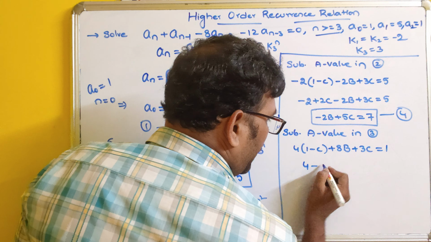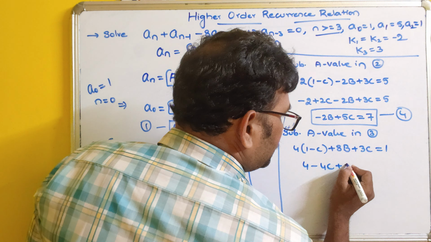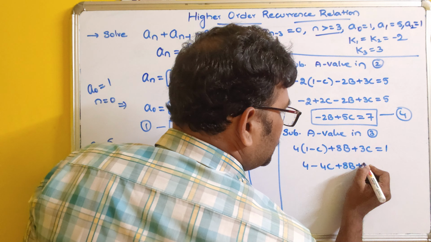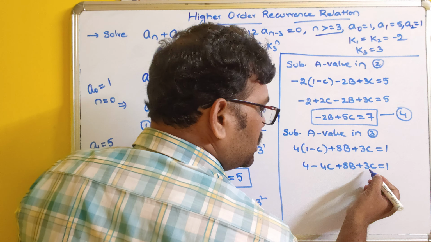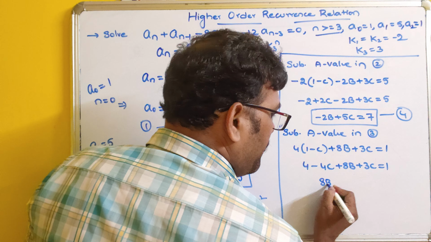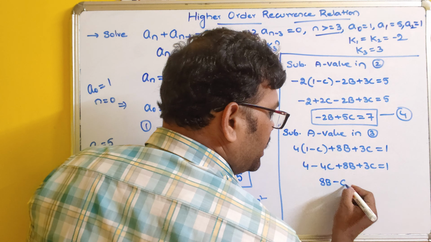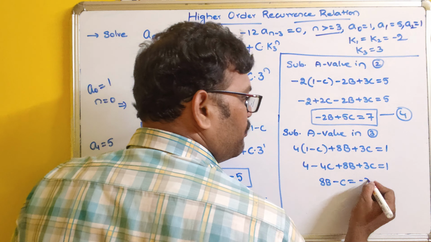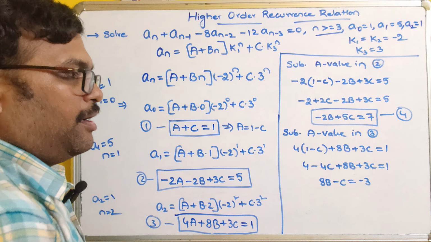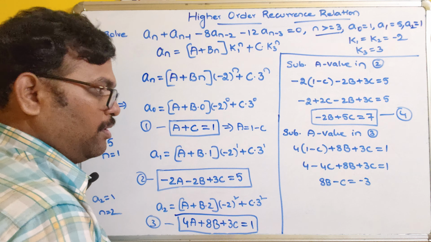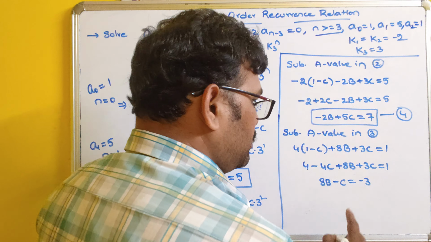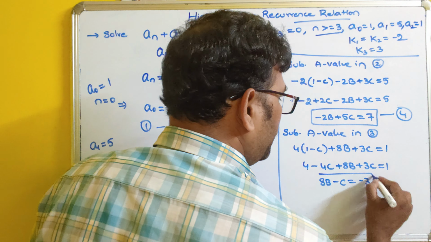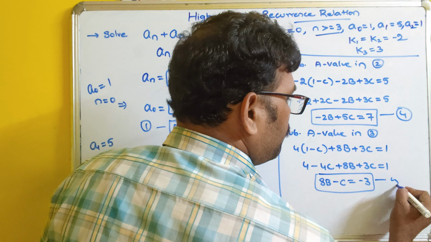Now 1 minus c plus 8b plus 9c is equal to 1. So what becomes? 8b plus 8c is equal to 1 minus 1. Okay, hope you got it. So this will be equation 5.